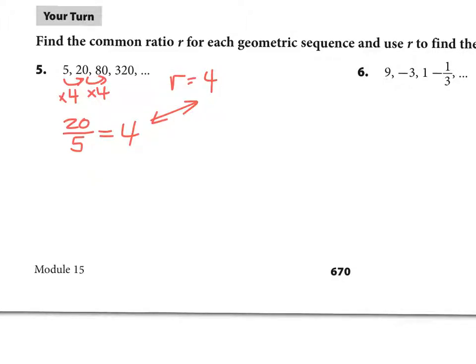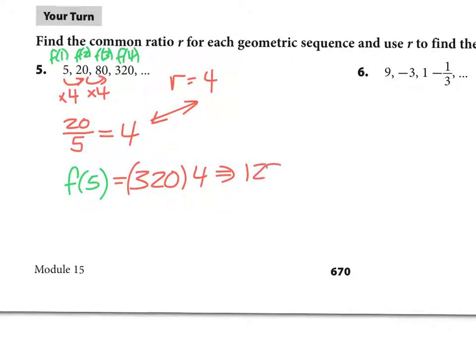So if that's our common ratio, how do we get the next 3 terms? This is referred to as term 1, this is term 2, term 3. We use this function notation. This would be term 4. To get term 5, I take the previous term. This is that recursive formula. You take the previous term and multiply it by whatever your r is. If you do that, you get 1280. Then we do f of 6.